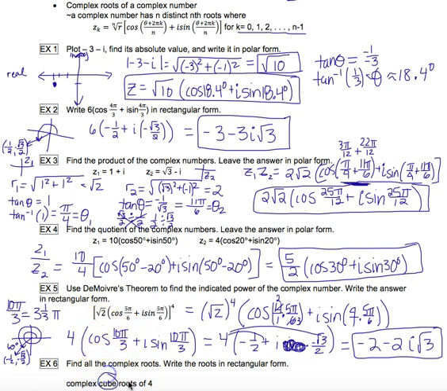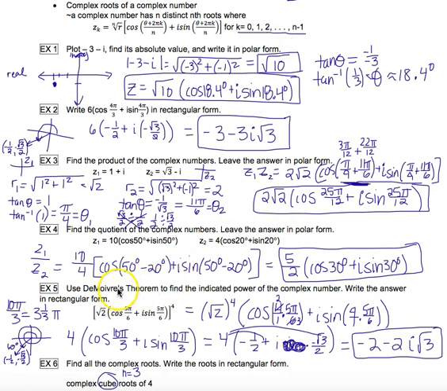So cube roots, that means n is 3. So everywhere I'm plugging in an n, I'm plugging in 3. Also, because n is 3, I'm just going to use 0, 1, and 2 because it only goes up to n minus 1, and 3 minus 1 is 2.